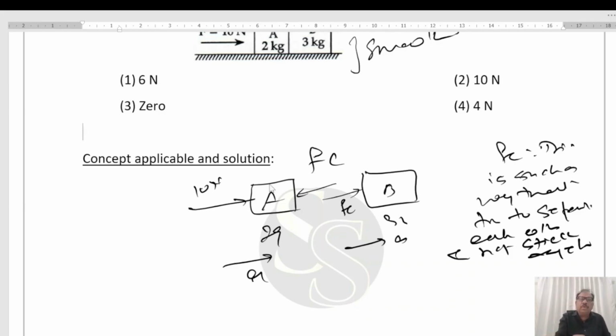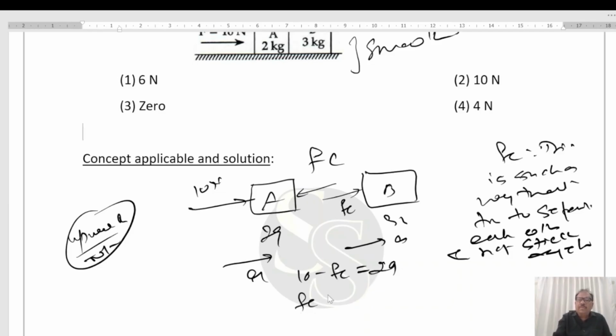In both the cases, upward reaction will be equal to the weight, right? Because there is no vertical motion. Then it will move in this direction. 10 minus Fc equal to 2A and Fc equal to 3A.